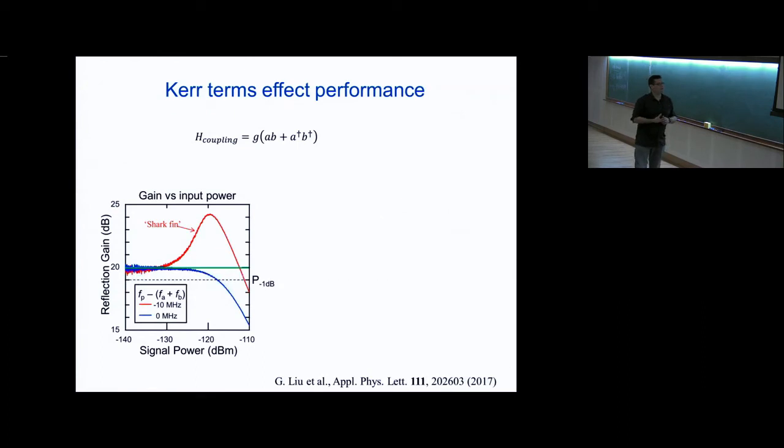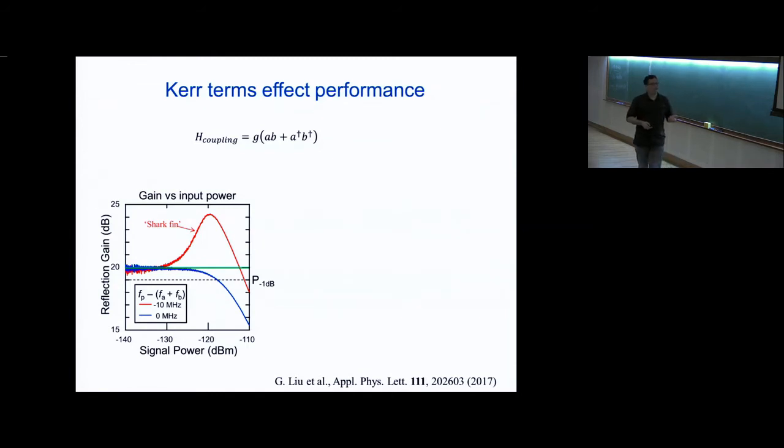However, in our real devices, if your pump frequency is at or a little bit above the sum of the pump frequencies, you get gain, and it falls in this normal generic way we expect from our microwave textbook. However, if you go to negative detunings, we get this very characteristic shark fin behavior, and it has no explanation within the pump depletion theory.